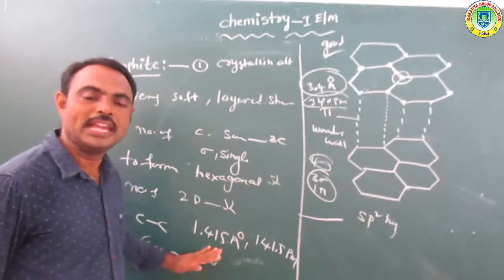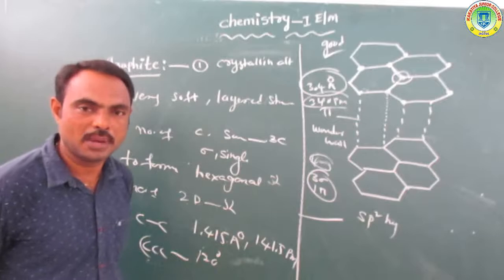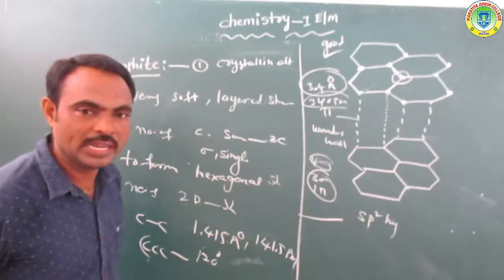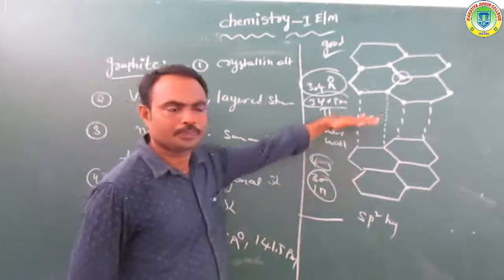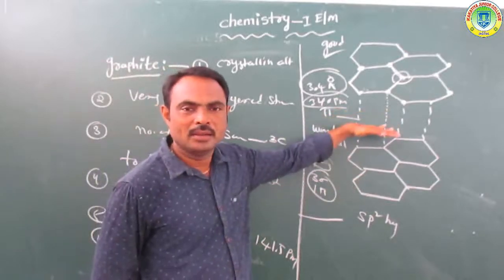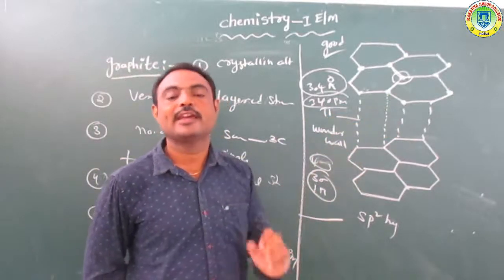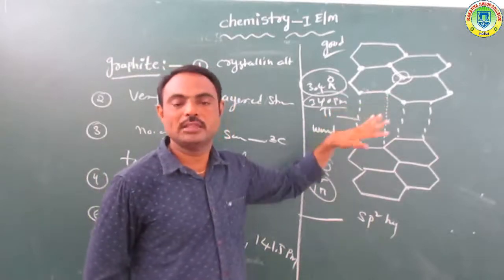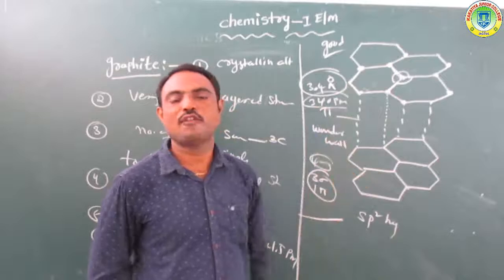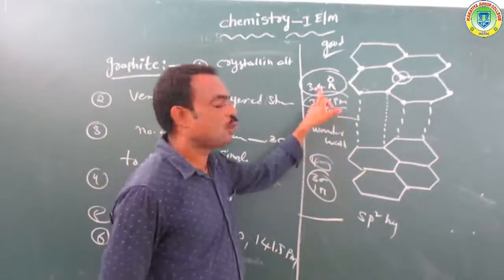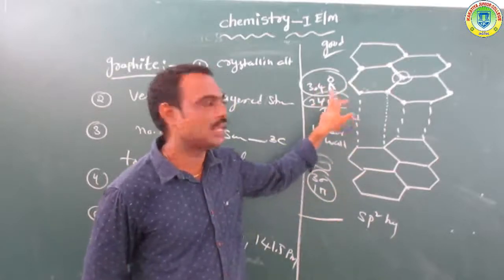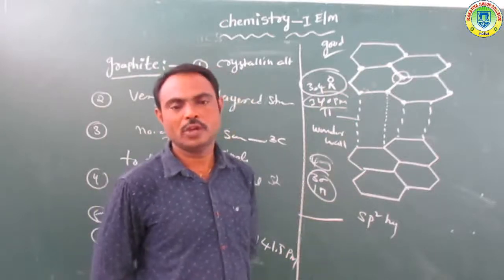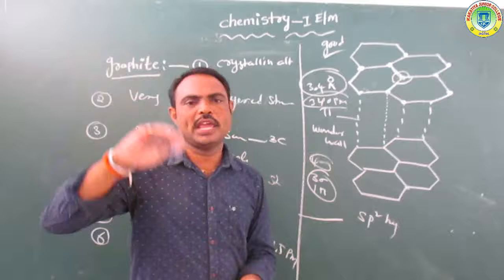The bond angle between carbon is 120 degree. The bond length between these two layers in graphite is 3.4 angstrom units or 340 picometers. It is the distance between two layers.